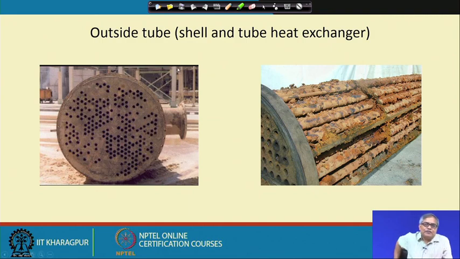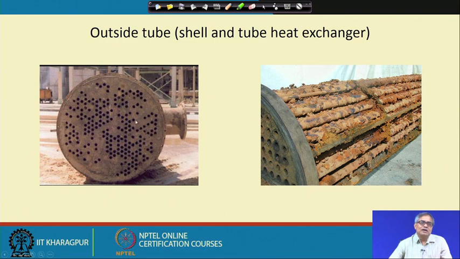Here I have shown the shell and tube heat exchanger. One is the end view. This could be the tube sheet in which the tubes are held or fixed. You can see that in many cases we cannot see the tube, we cannot see the area in between the tubes, it is so much fouled.